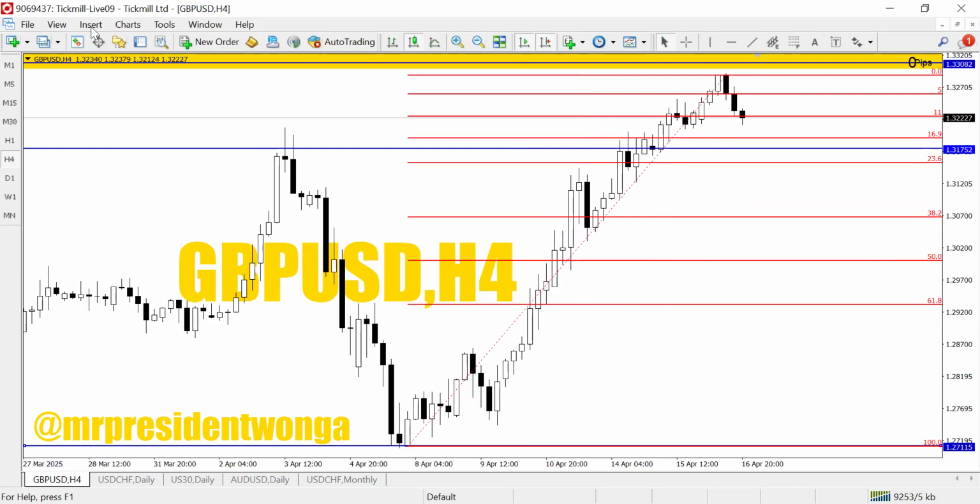Okay, so I think right at the top you can see a very nice railroad track. So perhaps the price can react on this zone here, and go there, and then make a further drop.